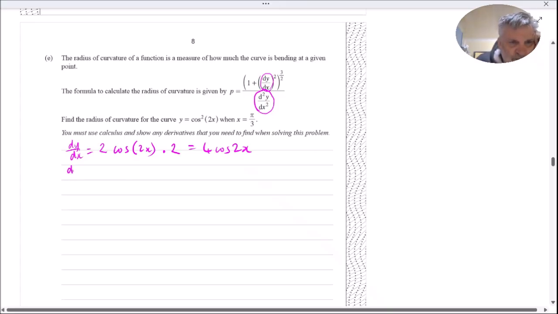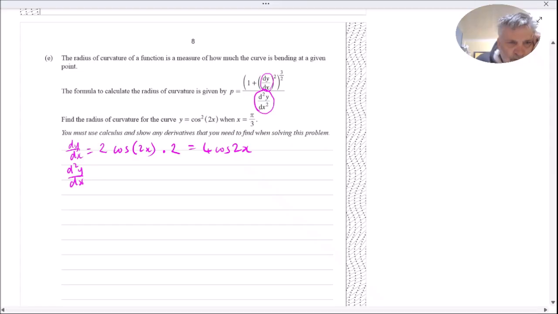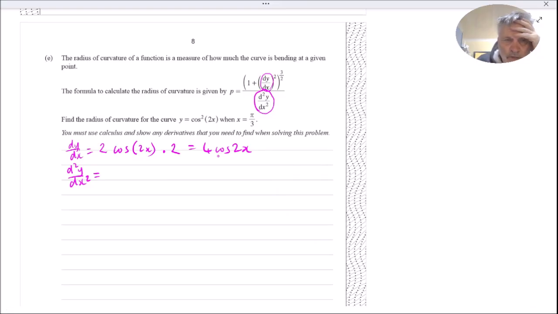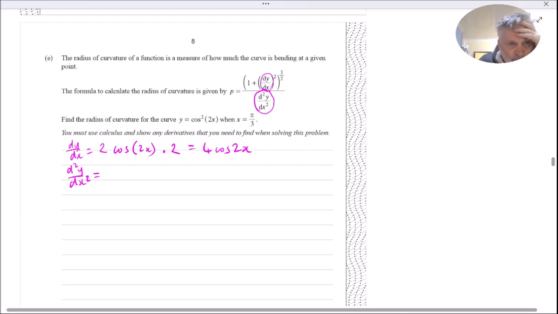Okay, these derivatives look straightforward. Second derivative, we have to differentiate this, so it's just, no, I made a mistake. I made a big mistake.